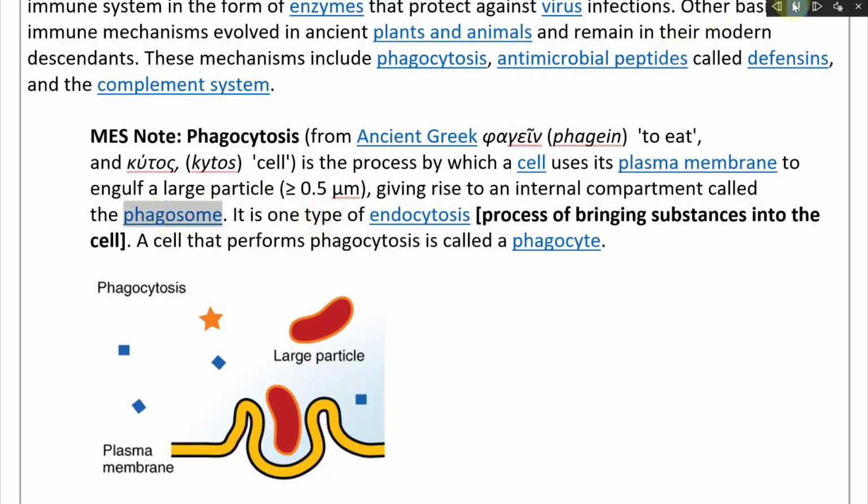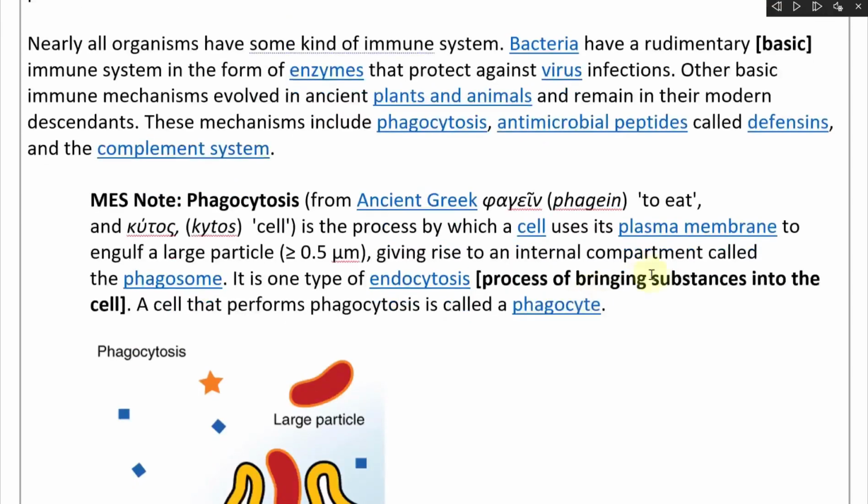See this here? Phagosome. It is one type of endocytosis, which is a process of bringing substances into the cell. A cell that performs phagocytosis is called a phagocyte.